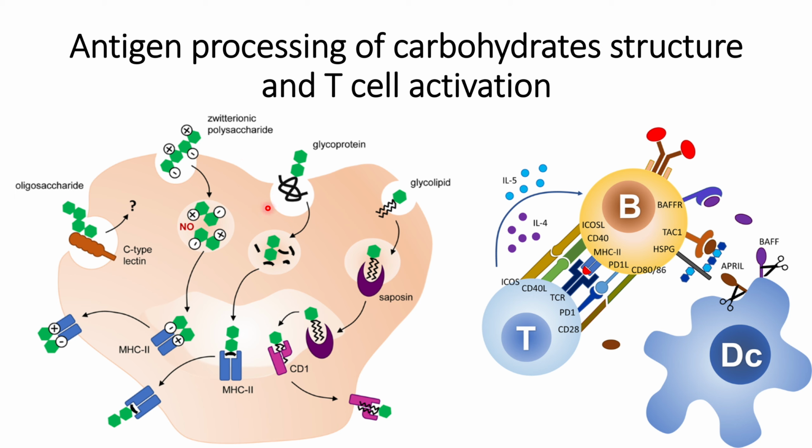In antigen processing of carbohydrates, any glycoproteins that are in the extracellular matrix come into the cells through endocytosis, and then they undergo endolysosomal processing where they break down into different fragments.